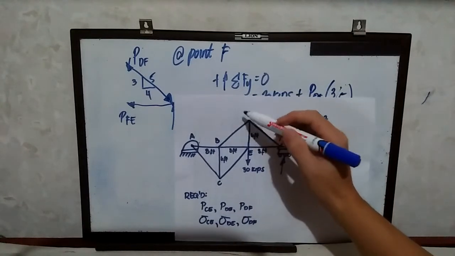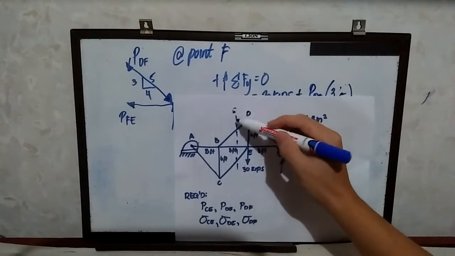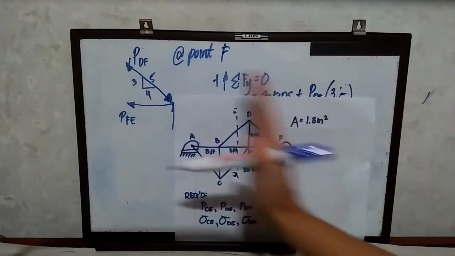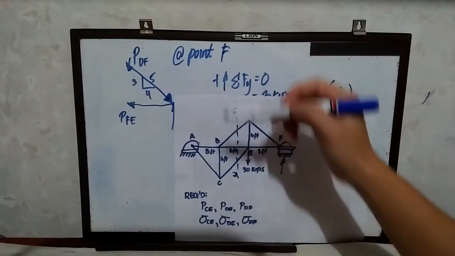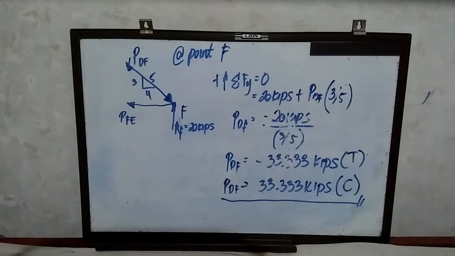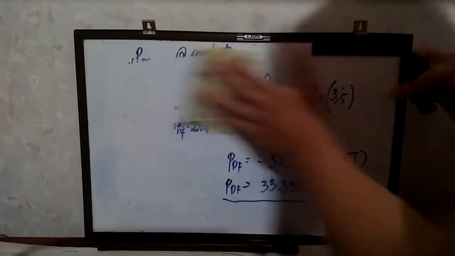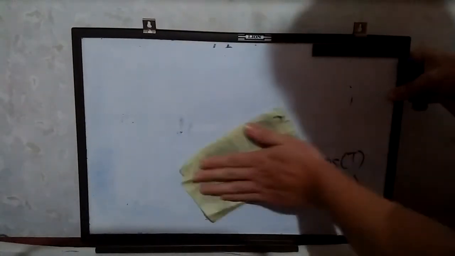So we are going to cut somewhere here. This is section A, and we're going to use the left side of this section. Let's draw that here on the whiteboard. I'm going to erase this so that we have additional space to solve.